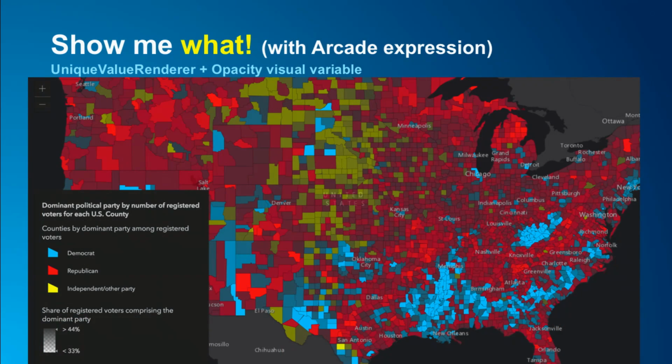All right. Okay, so when we talk about data-driven visualization, we're talking about visualizations that are driven by a value, and that value can come from any number of sources. Most of these samples we talk about getting a field value, but there are other places that you can get them. One of the new features in the API to generate a value is an ArcGIS expression.